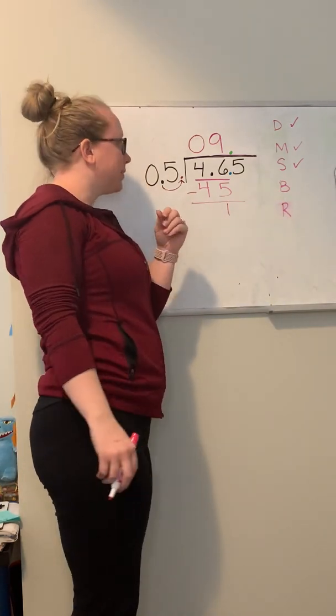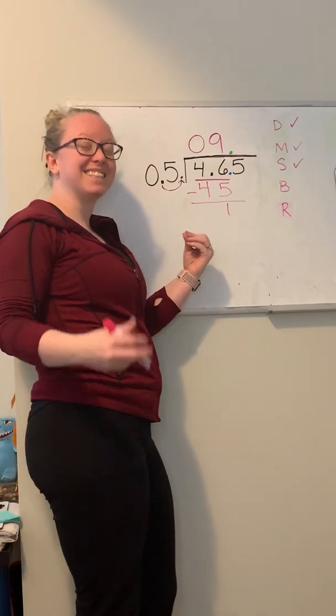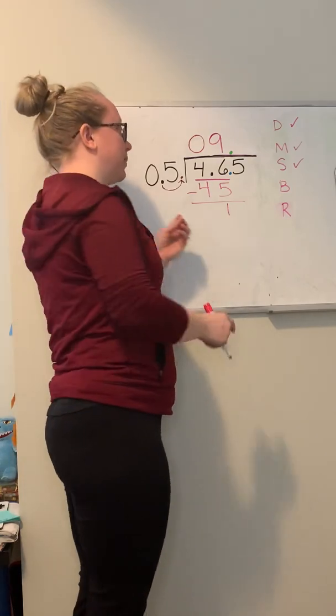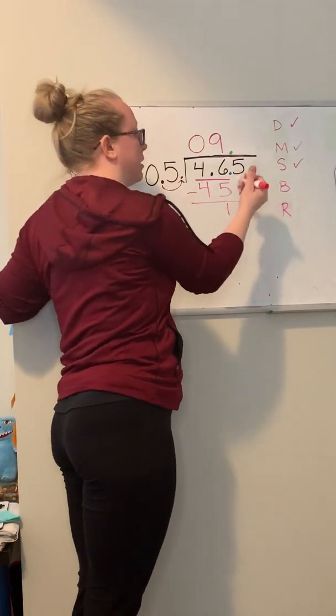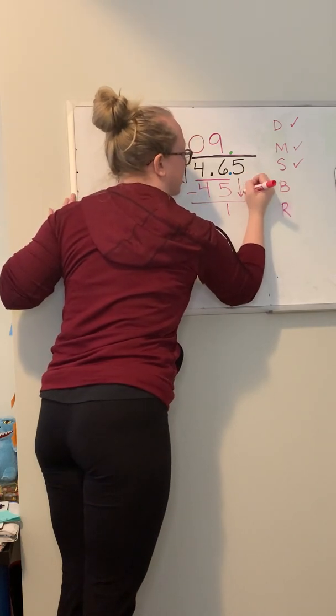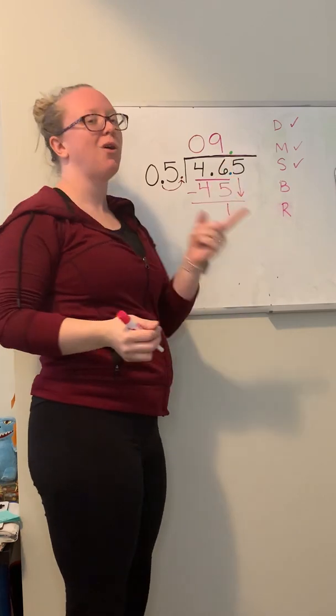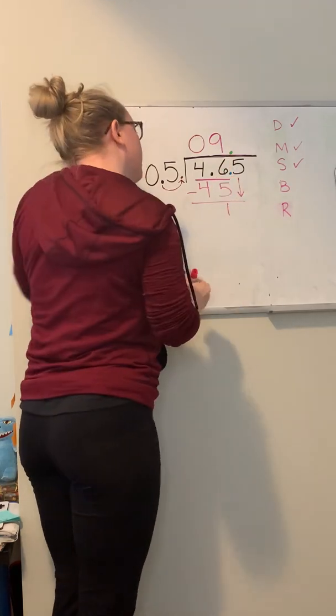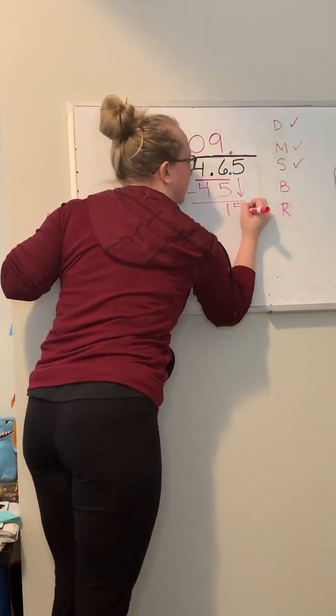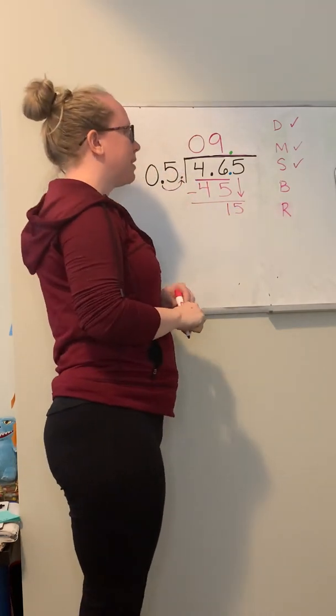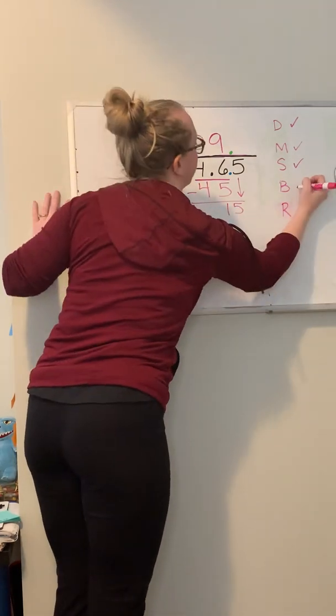Now, what I bring down is whatever number is left. So right now I only have one number left, and I bring down the 5. Even if I had more numbers on the side of the 5, I wouldn't bring them down. I only bring down one number at a time. So my 1 becomes a 15, and I'm done with my bring down step.